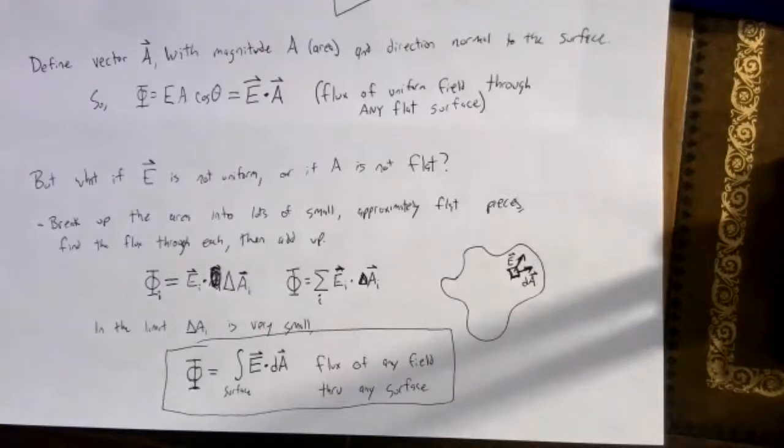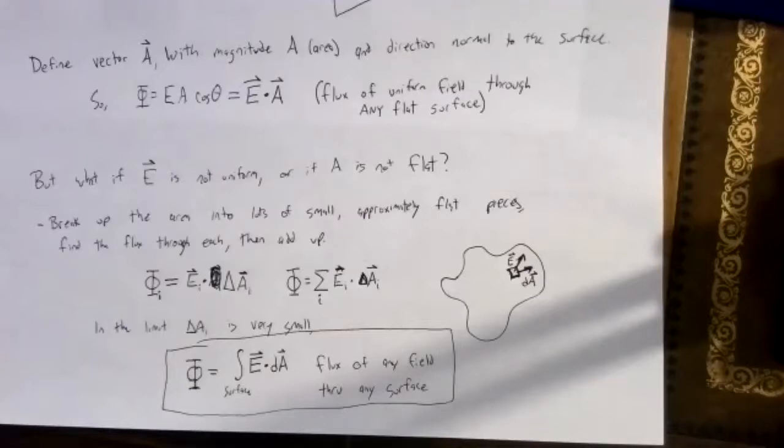So with distance, would that matter? I think I see what you're saying. So you're talking about an electric field that's not uniform, right? Because the farther away you get from your charge, the more spread out those electric field lines are going to be.